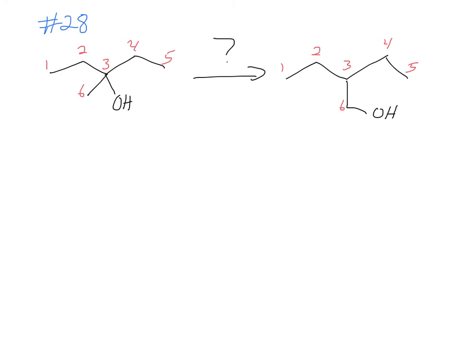So what happened here? Do we add any carbons? Didn't add any carbons. We started out with a tertiary alkyl leaving group, and we end up with the OH on the primary carbon. So again, we should be thinking some sort of anti-Markovnikov thing is probably going to happen here.